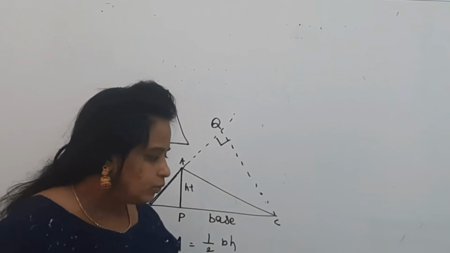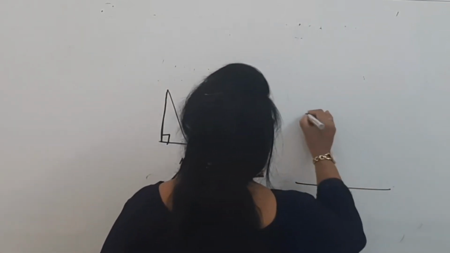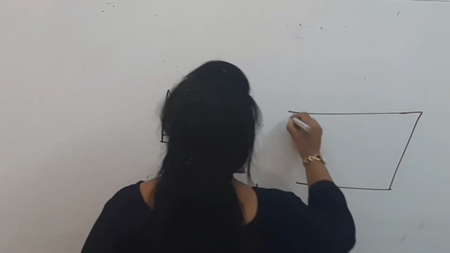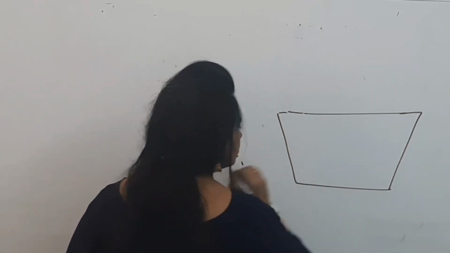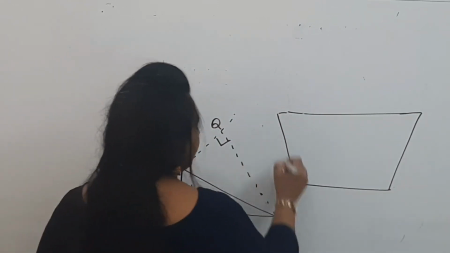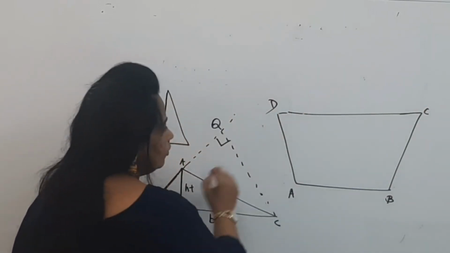Now, I tell you the quadrilateral. I have my quadrilateral ABCD.